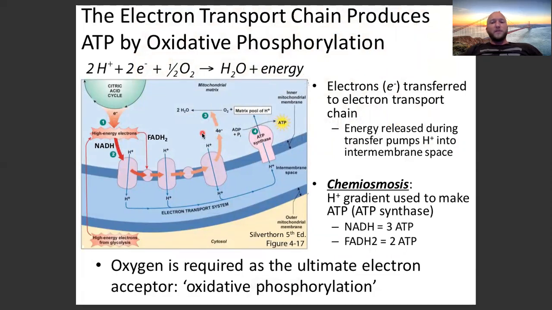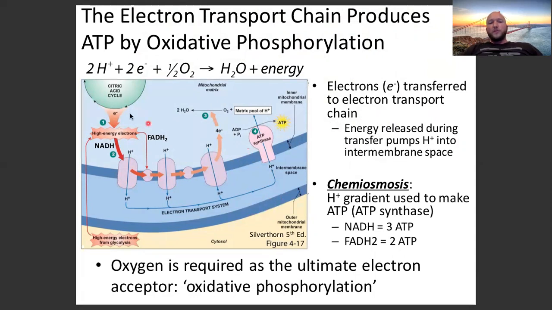Mitochondria, you need to know something about the anatomy of a mitochondria. It's a bimembrane system. So we have an inner membrane and an outer membrane. Yes, every mitochondria has 2 phospholipid bilayers. It has an inner membrane and an outer membrane.